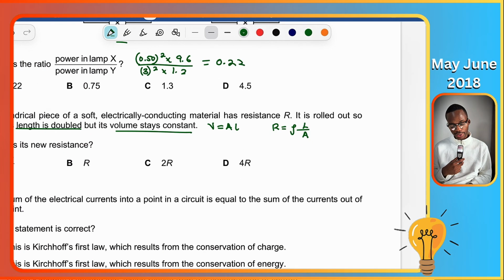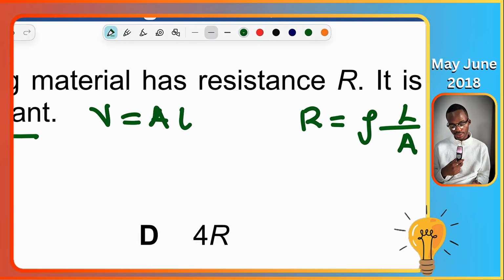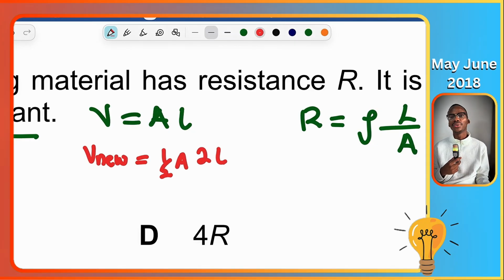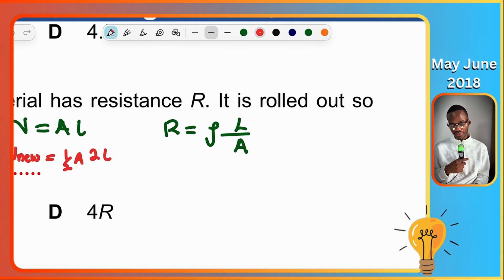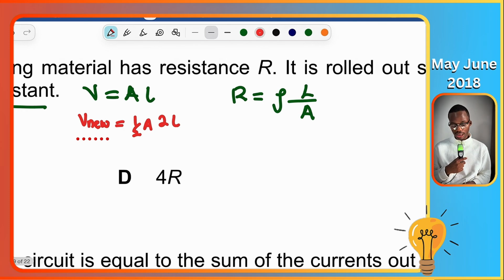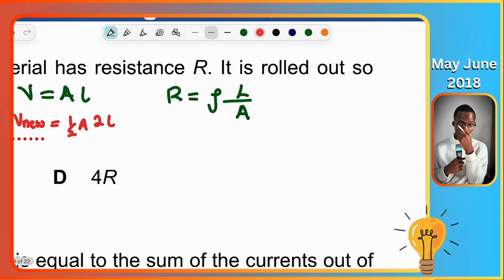Okay, so if the new volume is going to remain the same, if you double the length, you have to halve the area. Like it's known, right? You can't keep the volume the same if you double the length unless you halve the area. So it's a code word of saying we've doubled the length, but we've halved the area.